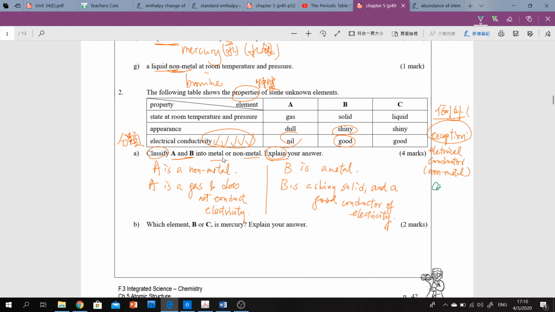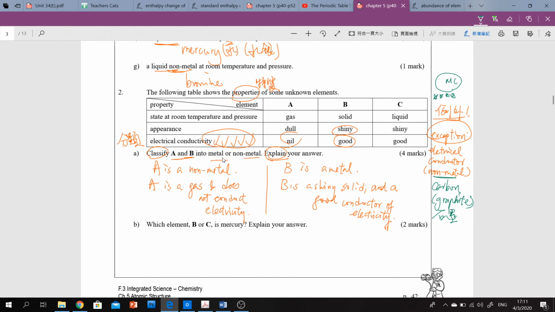Yes, that's right. It's carbon in the form of graphite, the one that we find inside the pencil, the black part. We call it pencil lead. So this is a non-metal electrical conductor. For the others, so far we cannot find any electrical conductor that is not a metal. So remember that type of exception that you need to know in your MC. Very often they will ask you something like this.